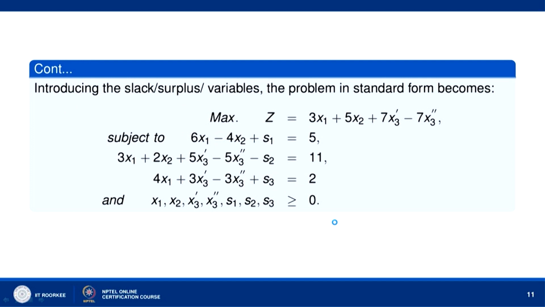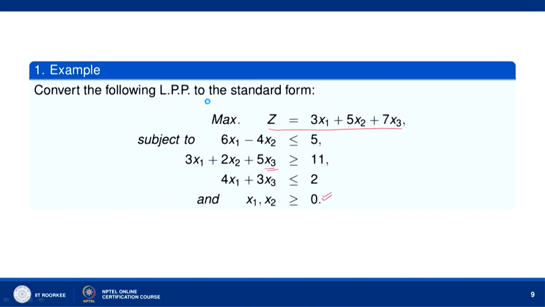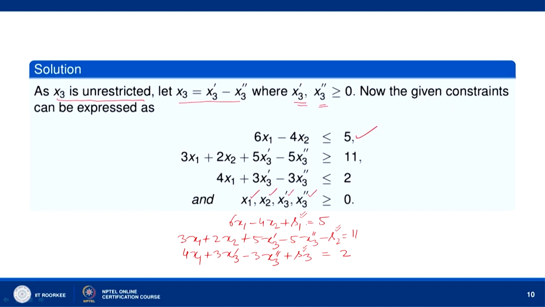So, introducing slack and surplus variables, the problem in standard form becomes: maximize z equal to 3x1 plus 5x2 plus 7x3 dash minus 7x3 double dash, because x3 equal to x3 dash minus x3 double dash, subject to the equations 6x1 minus 4x2 plus s1 equal to 5.